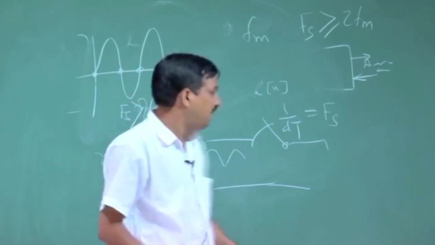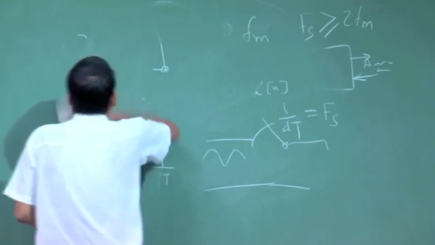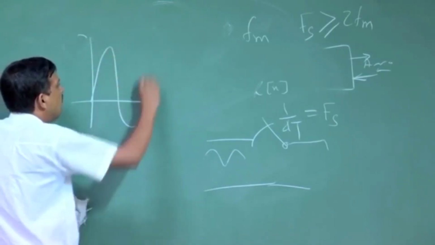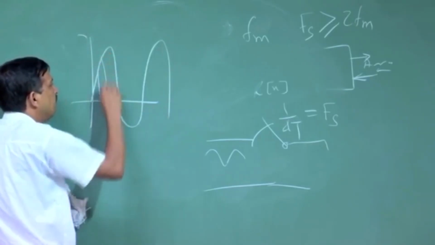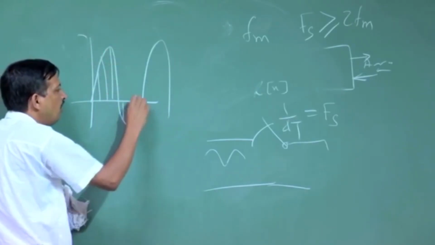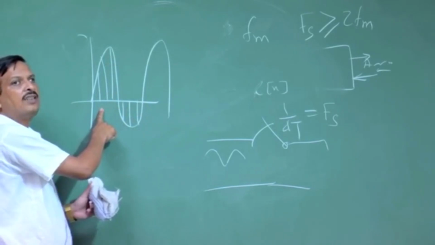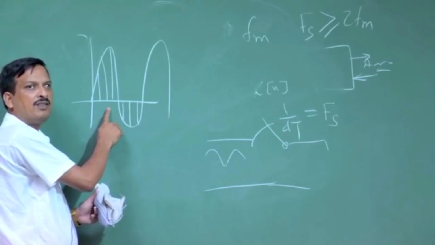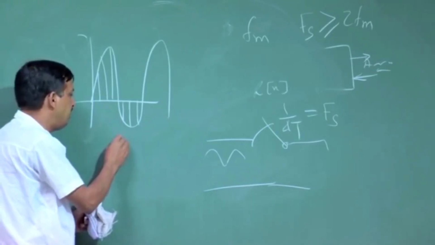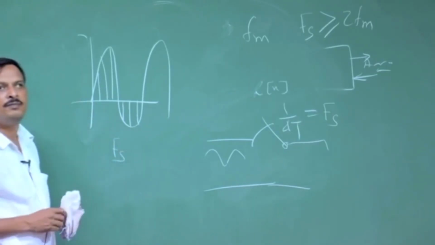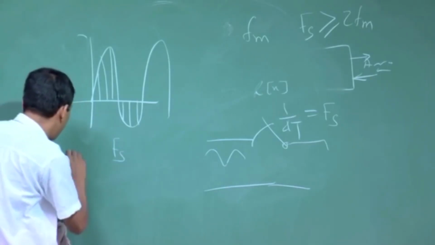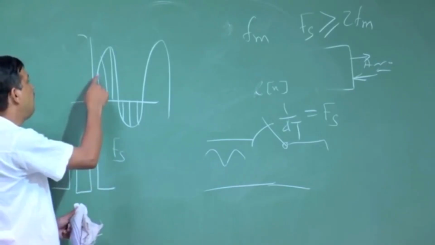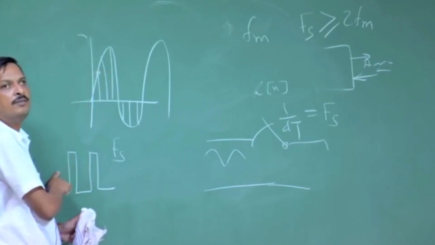Okay. So, instead of operating on the analog signal, I am taking some sample instants. That is called sampling. How do you take the sample instant? By multiplying this signal with an impulse signal whose frequency is Fs. When the impulse is present, I take the measurement of the signal.